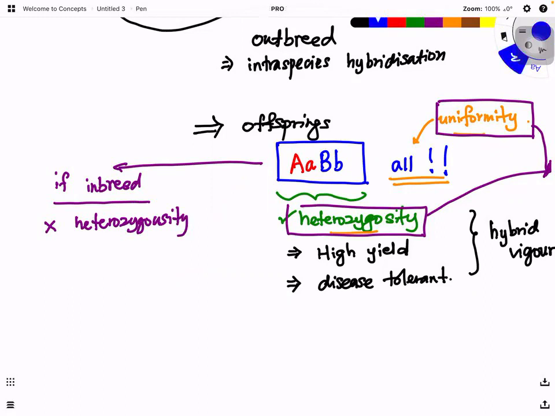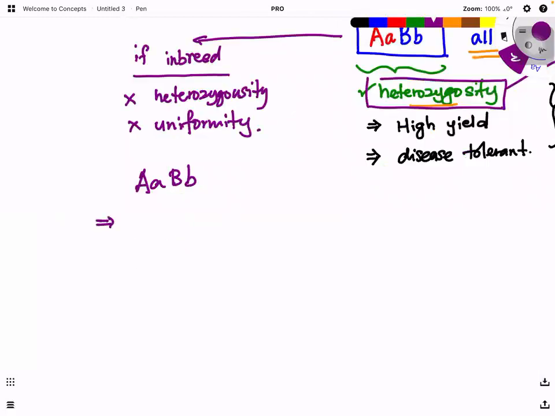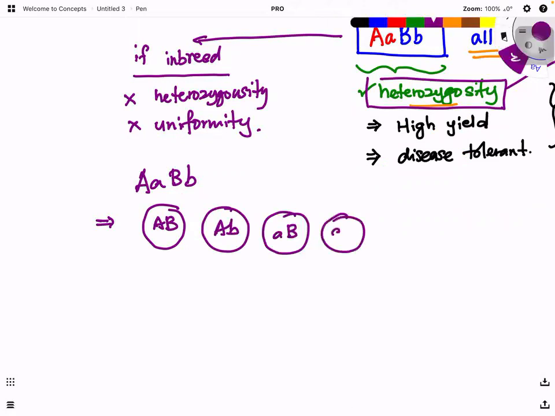And if you don't have this heterozygosity and you have many forms, you won't be able to get uniformity. Are you clear? So if you inbreed these F1 generations, we know that big A, big B, small b is going to produce 4 different kinds of gametes: big A big B, big A small b, small a big B, and small a small b.